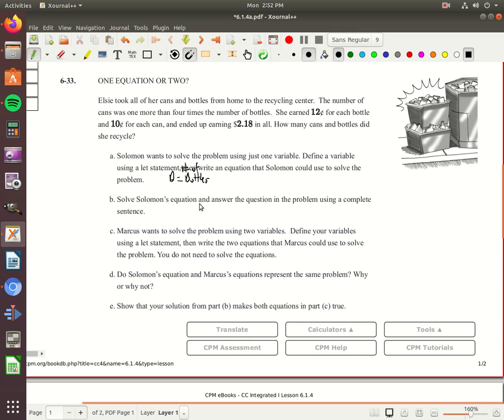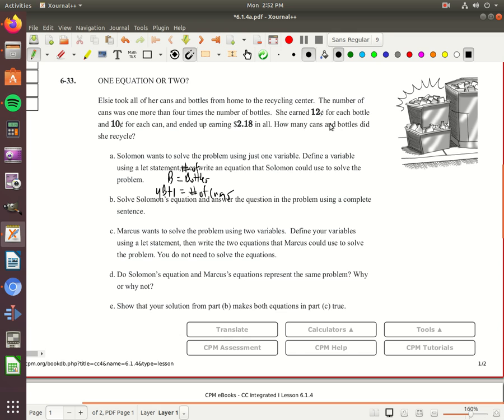And then we can say that the number of cans is equal to one more than 4 times the number of bottles. So here we have B, here we're going to have 4B plus 1. I hope you guys are with me on that, because it says it's one more than 4 times the number of bottles, and we know that the number of bottles is called B, so I'll just multiply 4 times B and we'll get that.